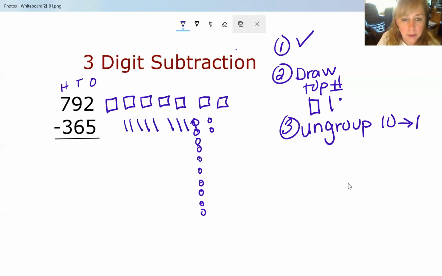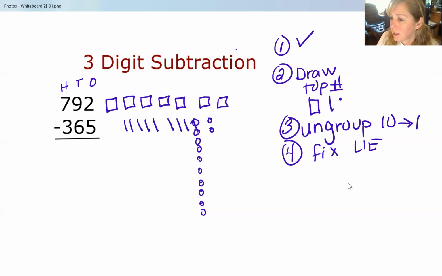Now, just like before, when we go to subtract, this says we have 2 ones, but that's not true anymore, is it? We no longer have 2 ones. We have 10 plus 2, which is 12 ones. So you need to go ahead and fix the lies that are on your paper.